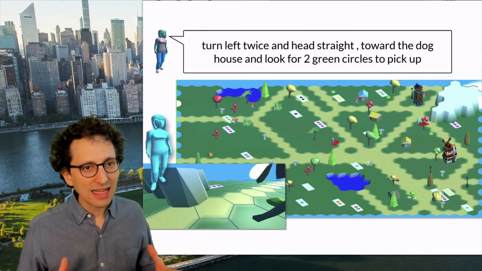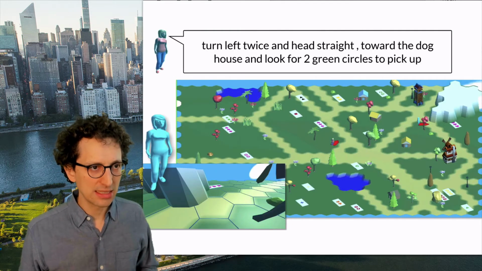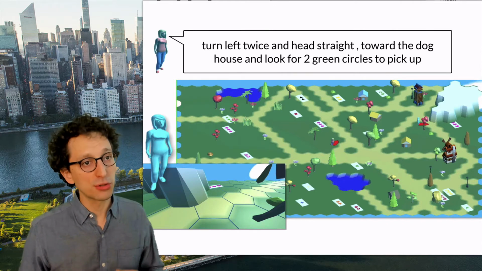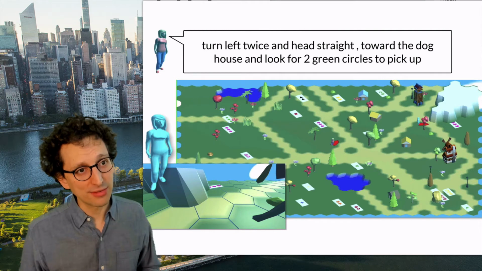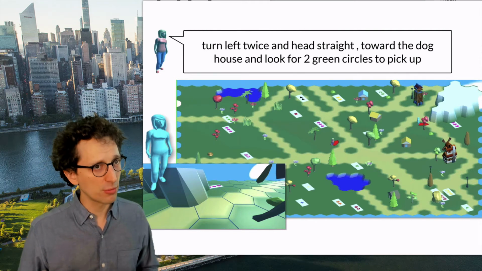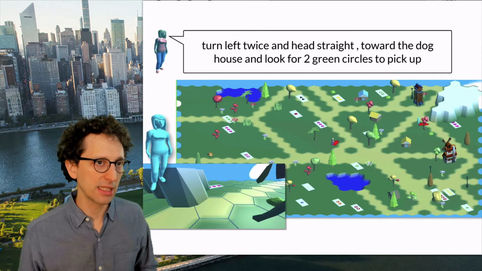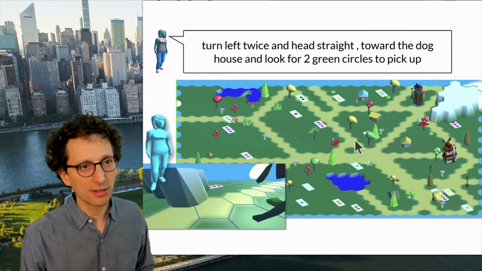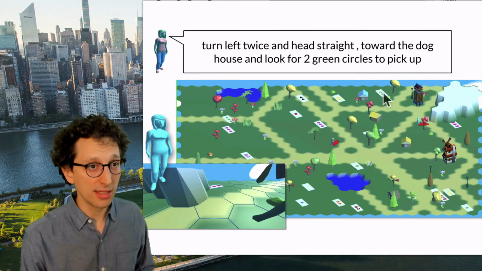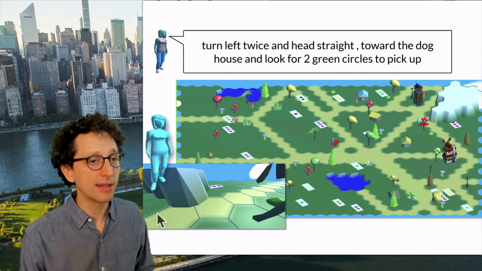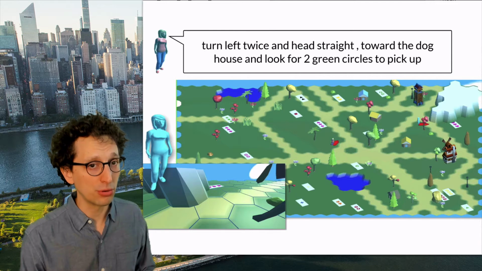Let's look at a slightly more complex example in CerealBar. This is an example that was collected from our human games, which is our data collection process, which I'll discuss more in a second. In this example, we have the follower here and the leader here. In the large frame is the leader's point of view, and at the bottom left is the follower's point of view.